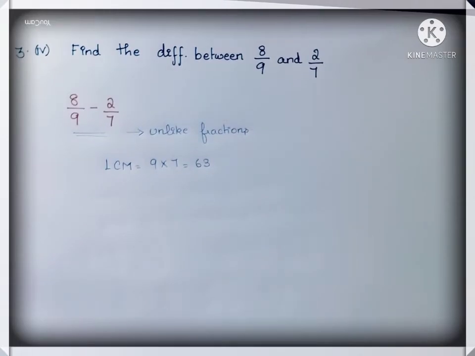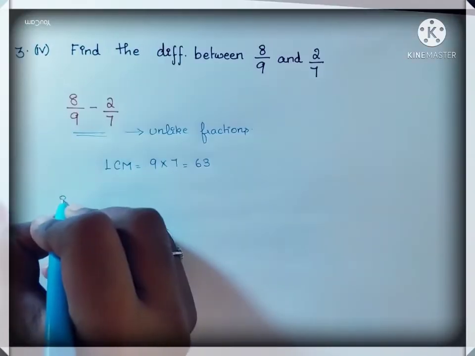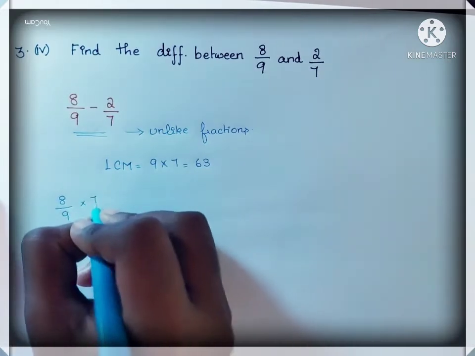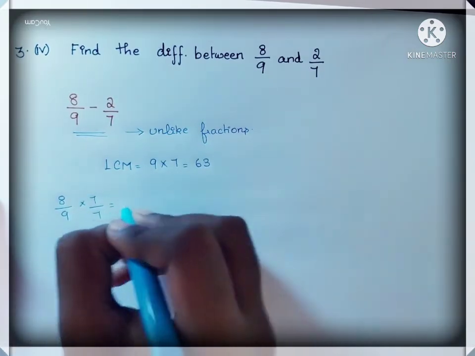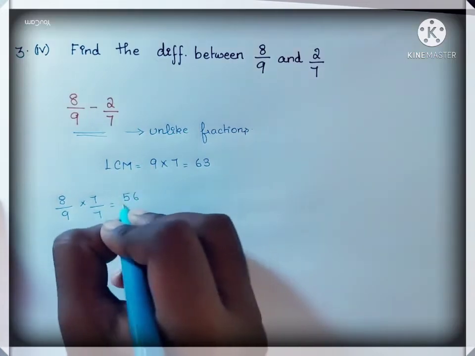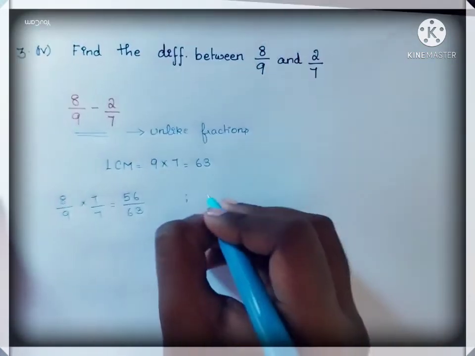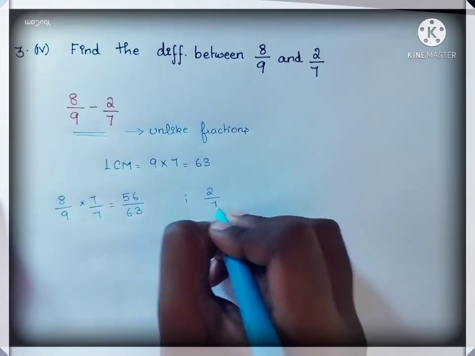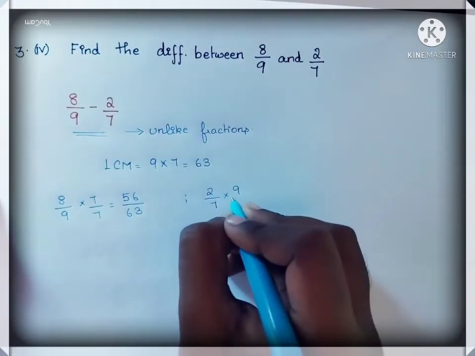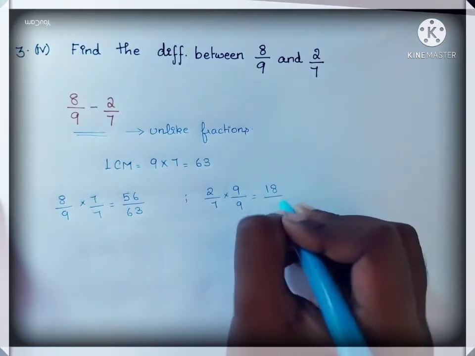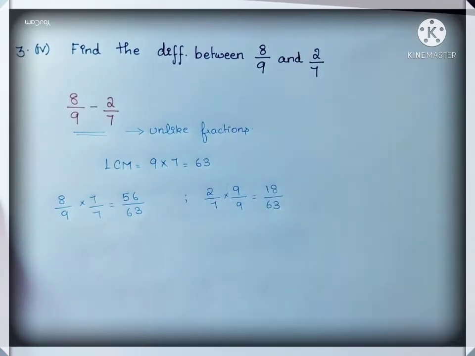The same way we did for addition, we need to find the equivalent fraction for each of the given unlike fractions. An equivalent fraction for 8 by 9 is 56 by 63, and an equivalent fraction for 2 by 7 is 18 by 63.